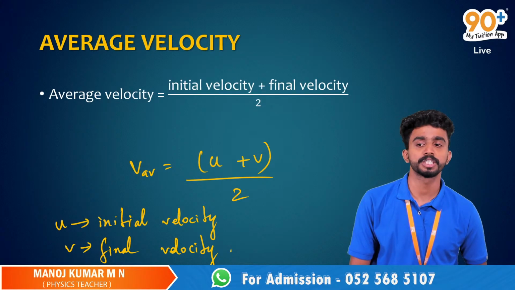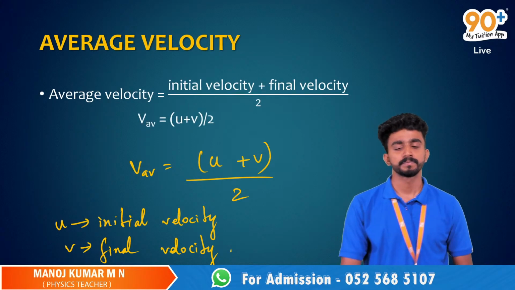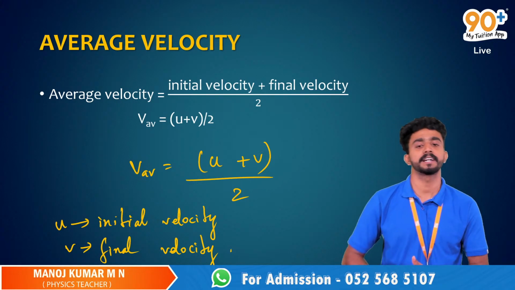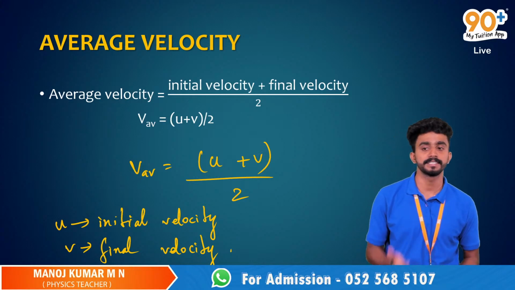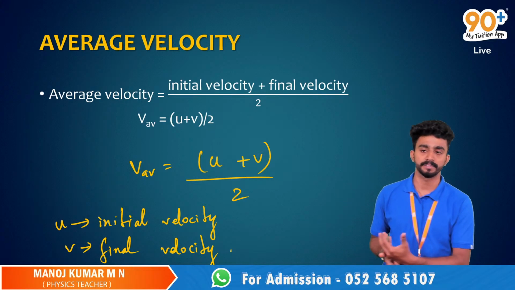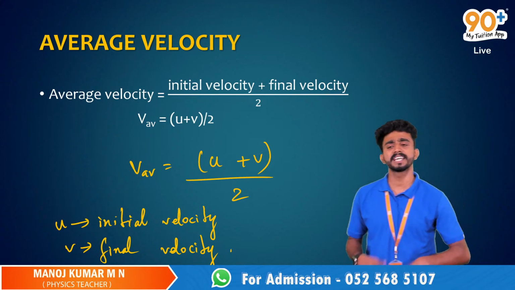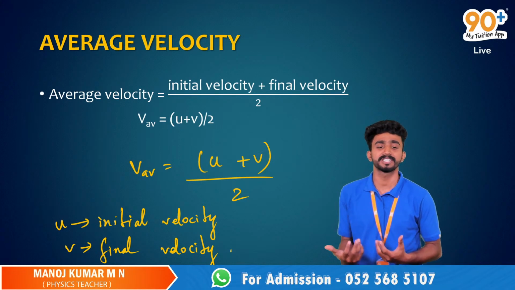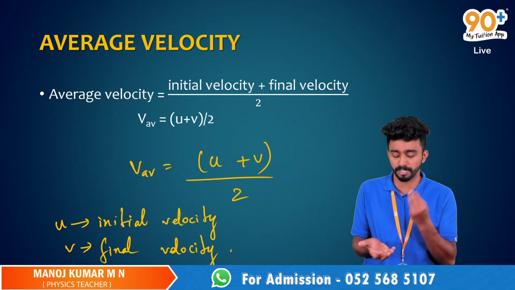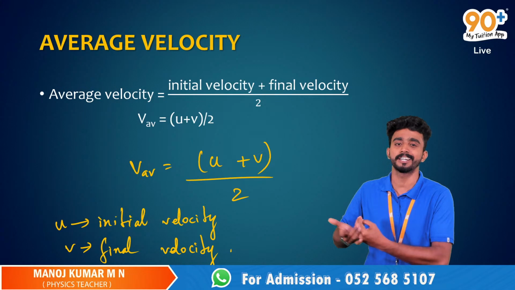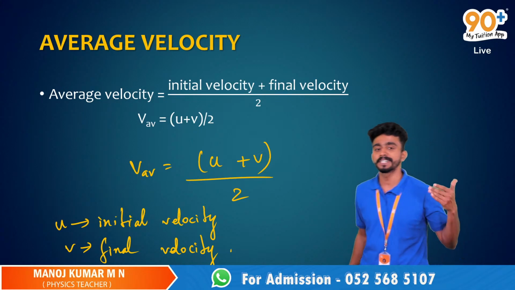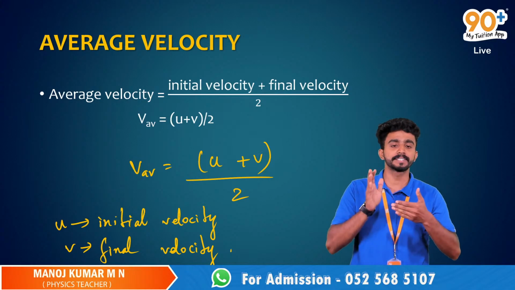So average velocity, please do note down the equation. Average velocity is initial velocity plus final velocity divided by 2. Initial velocity is the velocity when the object starts the journey or starts moving. Initial velocity can be 0, or it can have a value. You may think initial velocity will always be 0, because at the starting point the object is not moving. But imagine an object is already moving and we consider a particular instance.